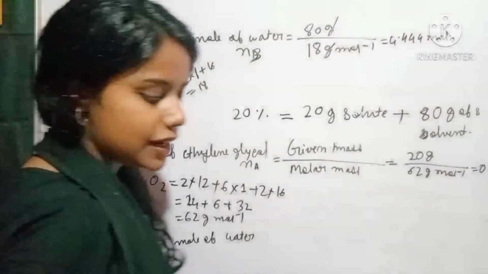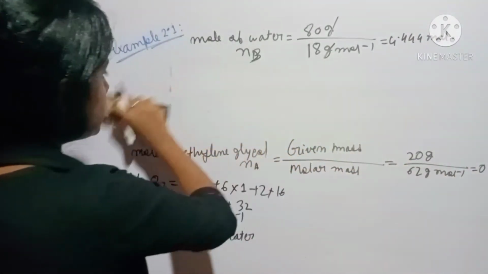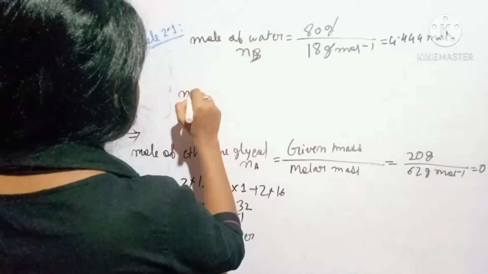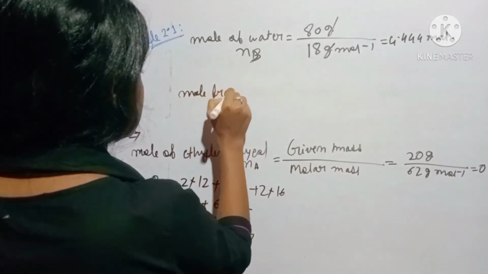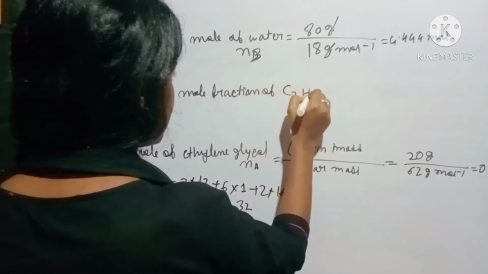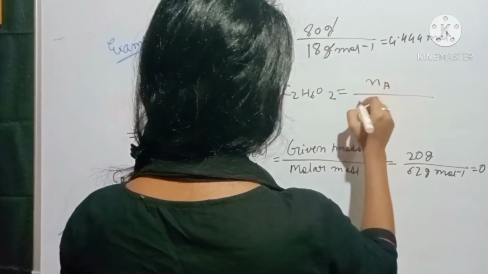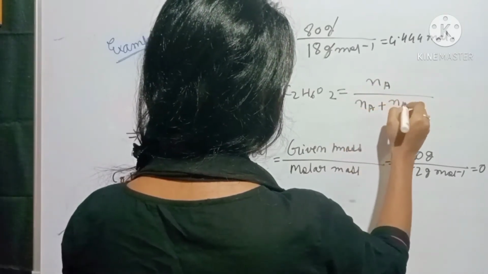So it's very easy to calculate the mole fraction now. Mole fraction of ethylene glycol, that means C2H6O2, equals nA divided by nA plus nB.